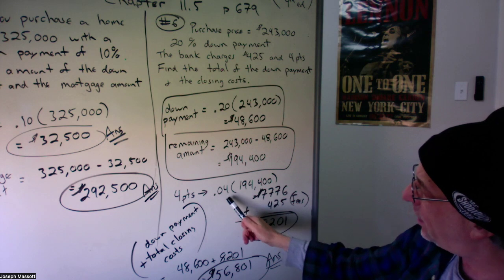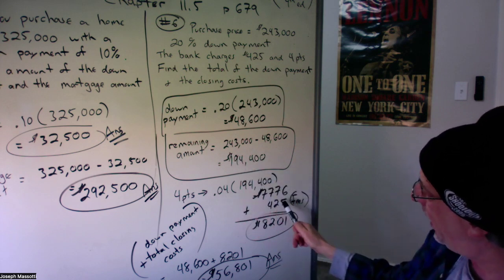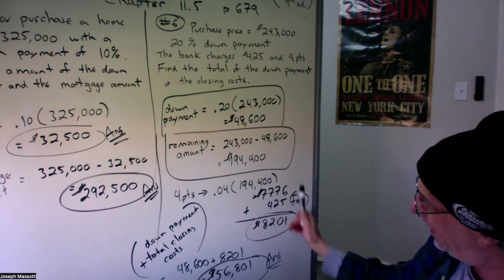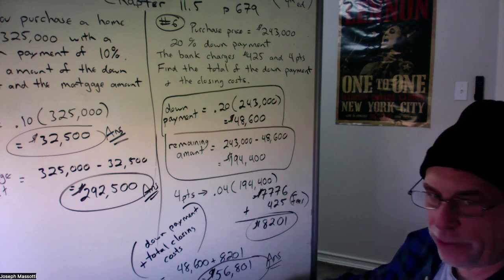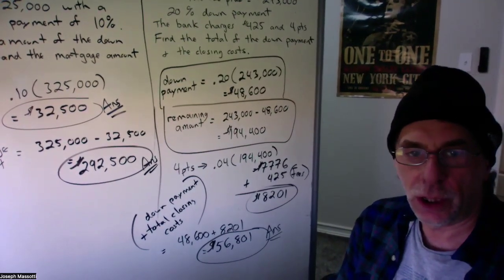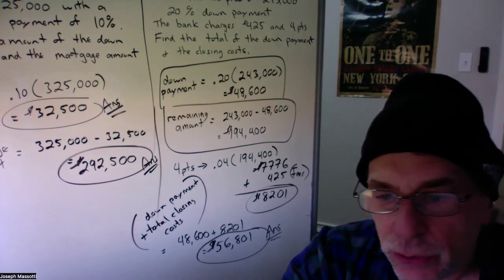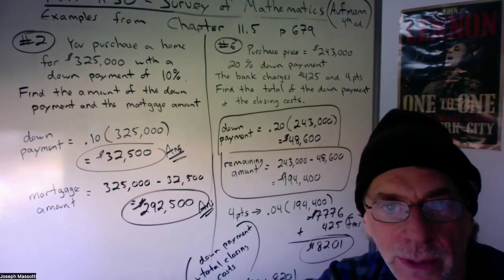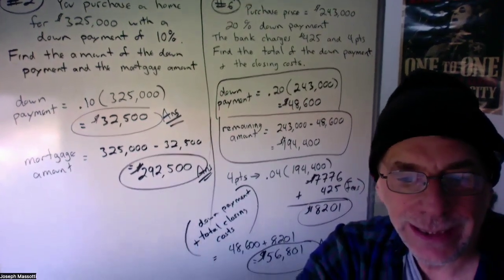The 4 points or 4% of that remaining amount. You add in the fees, add this to the down payment, and we get our total of the down payment plus the closing costs. All right, so that is a couple of questions from 11.5, page 679.